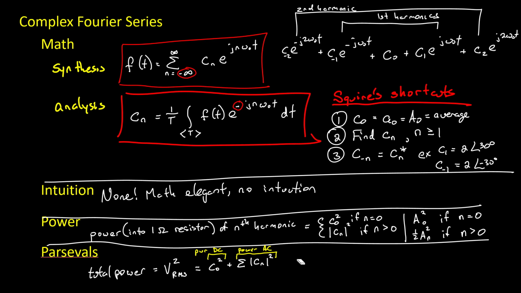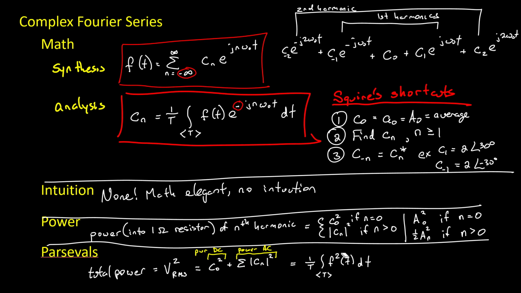And all of that has to equal the total power in your waveform, which we've talked about for a long time is equal to your integral of the square of the function dt.